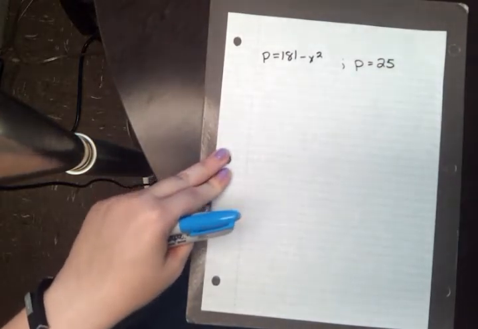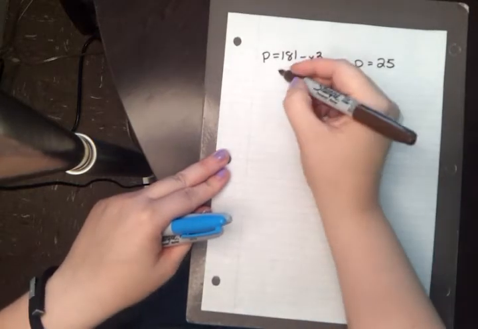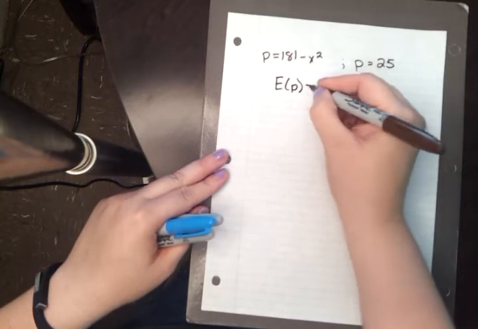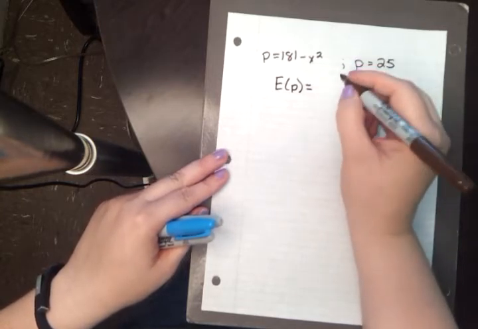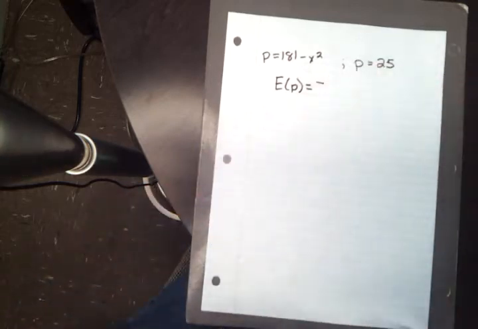Okay, what next? What do we know? Go for something you know. You know that there is a formula for elasticity, this E of P thing. You've seen this in lecture. It's in the lecture notes on Moodle. Here's where I'm going to start color coding things.